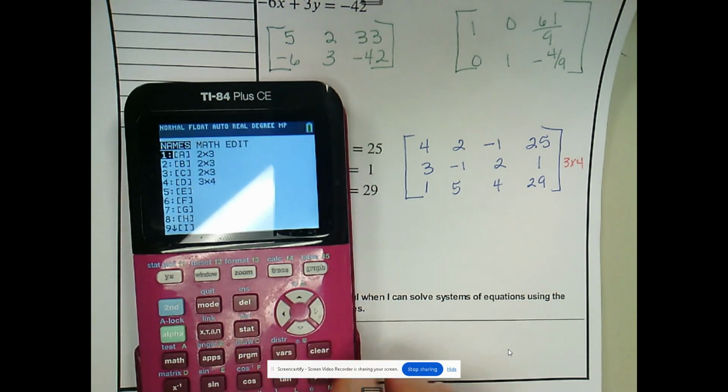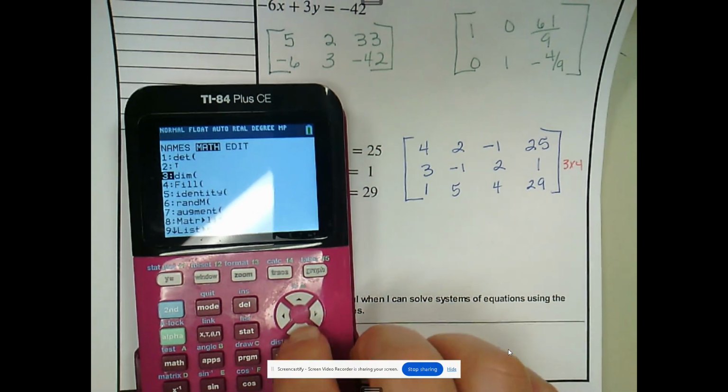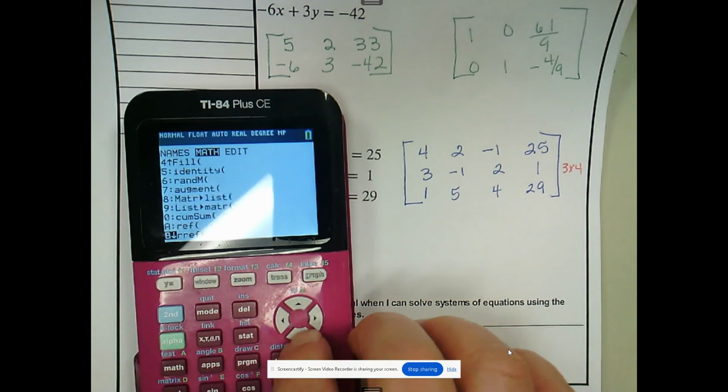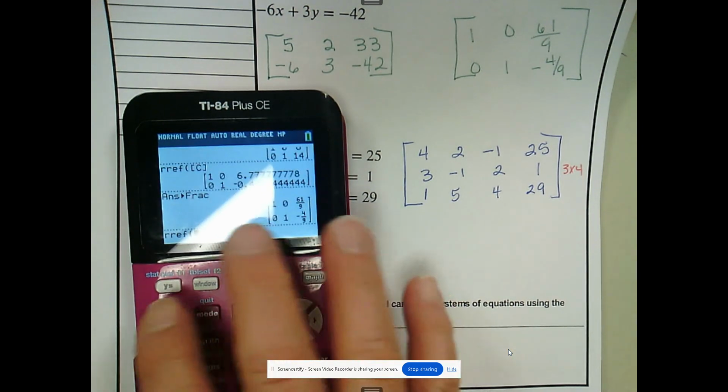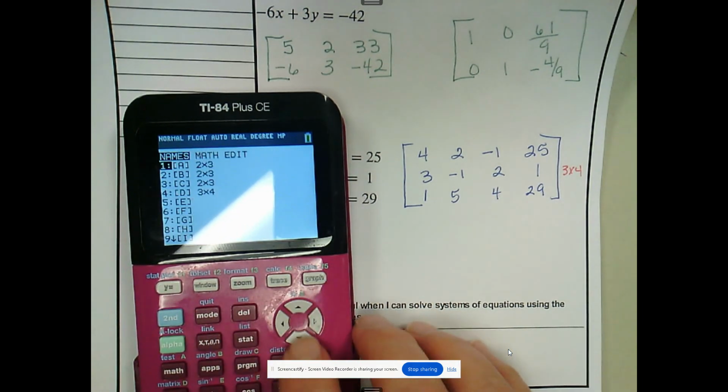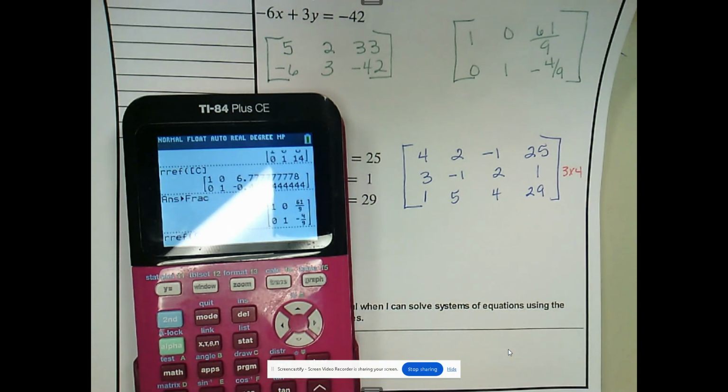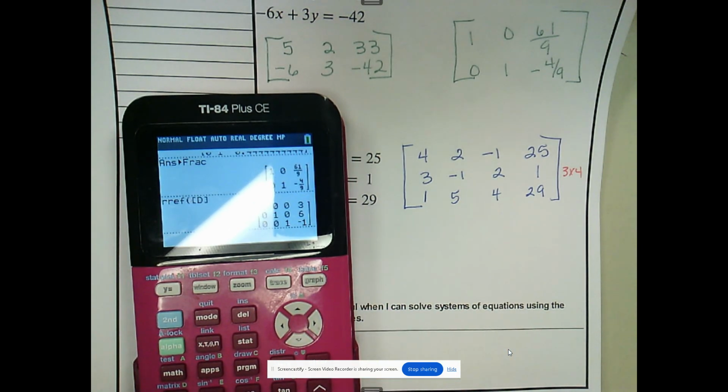Second, go down to your matrix, go over to math, scroll all the way down to your RREF, hit enter. Second matrix, go down to D, hit enter. Enter again, and this is what you get.